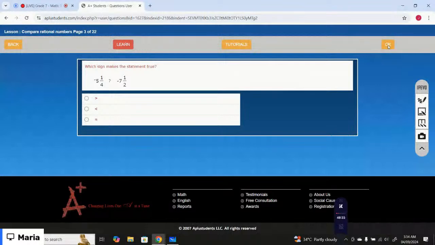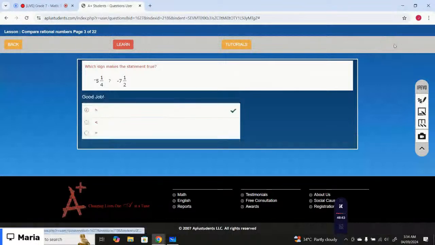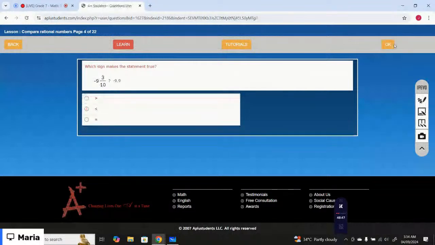On the negative side, as you are moving far from 0, the numbers are getting smaller and smaller. So negative 5 whole 1 by 4 is greater than negative 7 whole 1 by 4, because negative 5 is near to 0 and negative 7 is far from 0. As you are moving far from 0, the numbers are getting smaller and smaller.